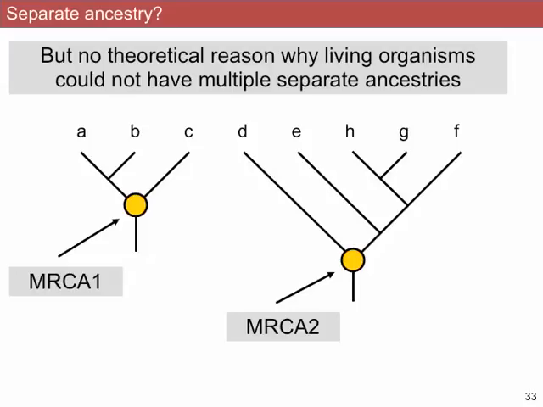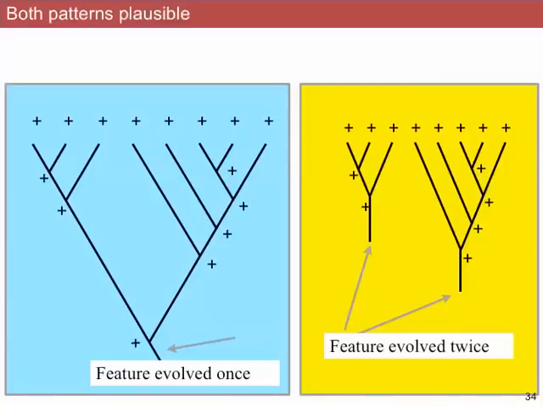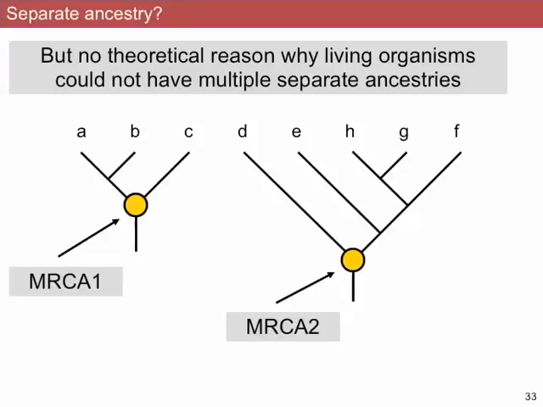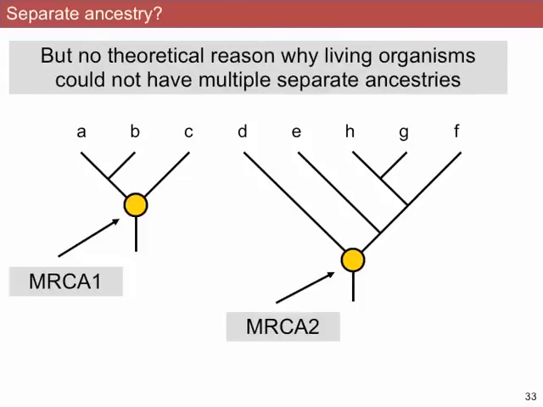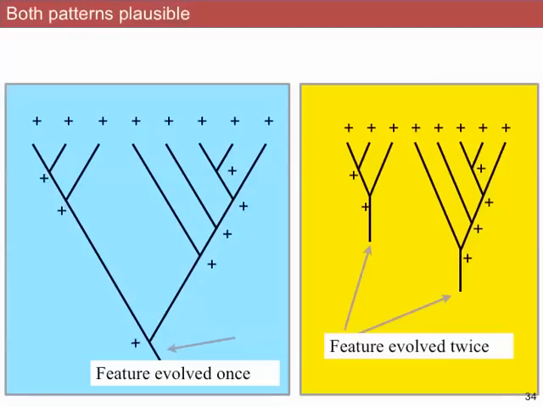It could have originated 3 times or 4 times, etc. In terms of features, if we have a feature present in all of these organisms, A, B, C, D, E, F, G, H, and if we have this tree over here, we are saying that feature evolved once. And if we have this set of trees over here, we're saying that feature had to have evolved twice. There's no way that these lineages get connected.